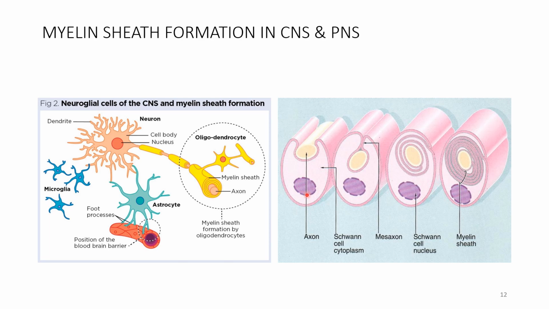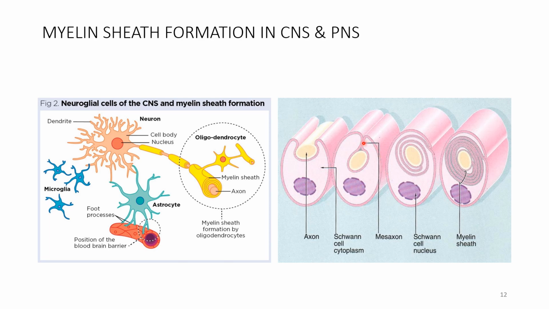Here in the PNS, how is the myelin sheath formed from the Schwann cell? First, the axon invaginates the Schwann cell. This is the axon. This is the Schwann cell. The axon invaginates the Schwann cell and further invaginates the Schwann cell later on.